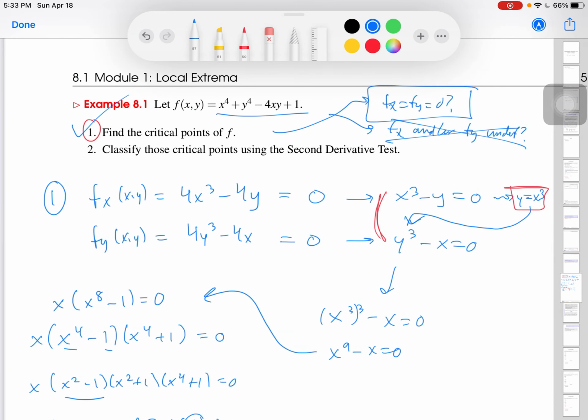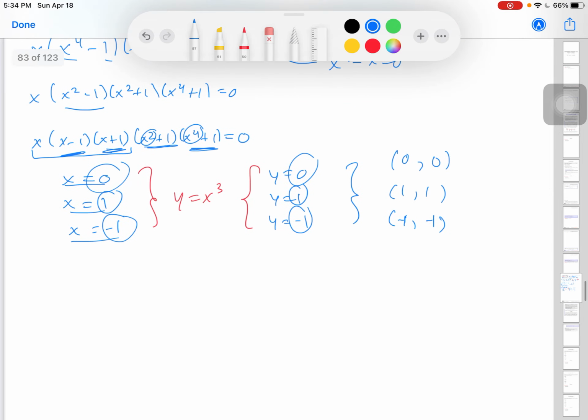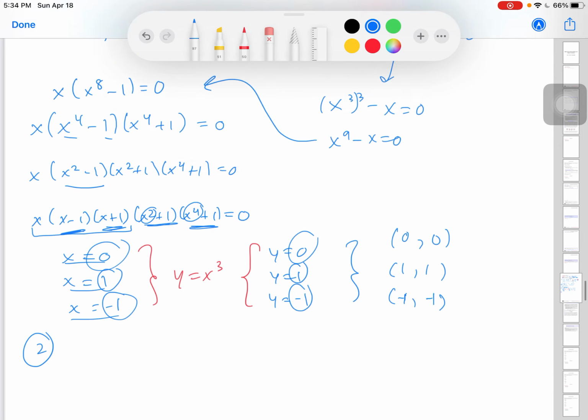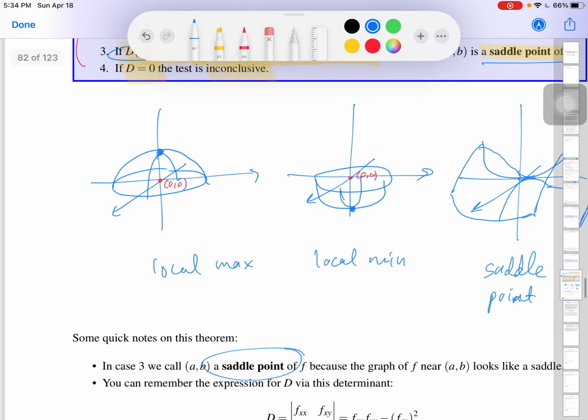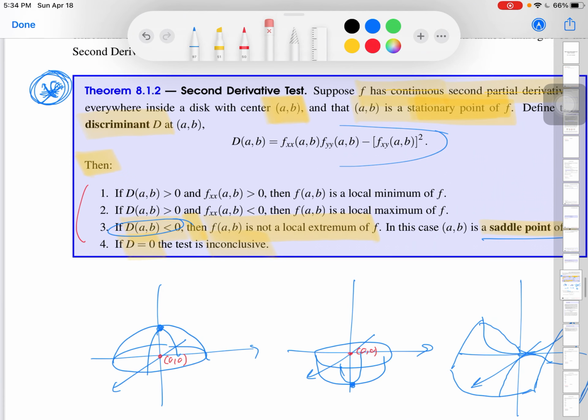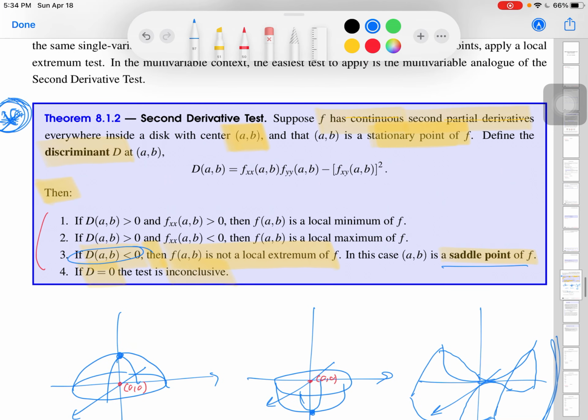Check. Number 2, let's classify these points using the second derivative test. Okay, to do that, we have to calculate all of the partials involved in this discriminant. So let me just mention that we are using a theorem. So, by way of ensuring that we don't blindly use it, we just want to check the hypotheses.